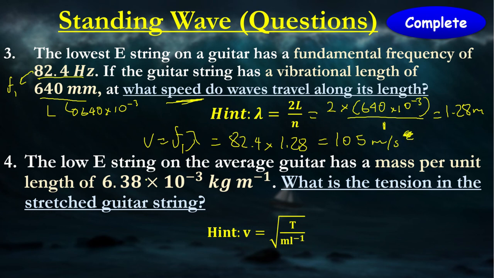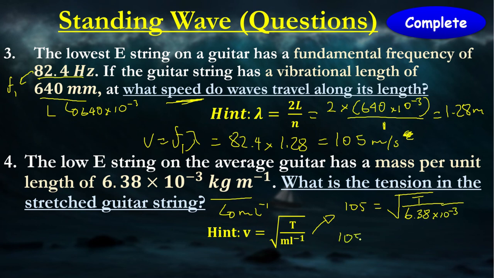Now if we follow on with the same question, we want to work out the tension force of this guitar. What tension force am I using to generate that speed on the string? We know the mass per length is that. We already know the value for velocity is 105. We want to find the tension force, and we substitute in our mass per length unit.